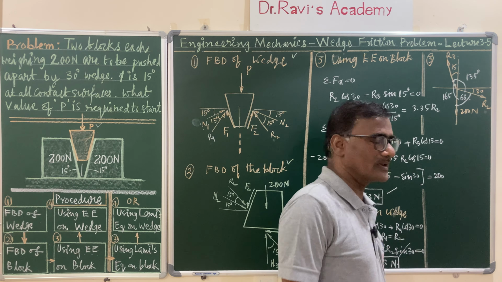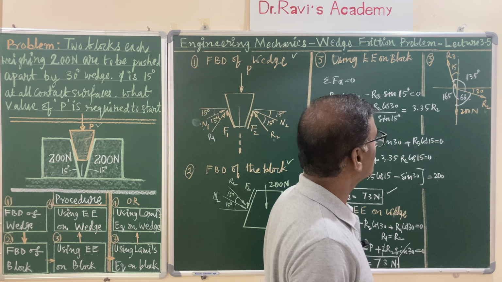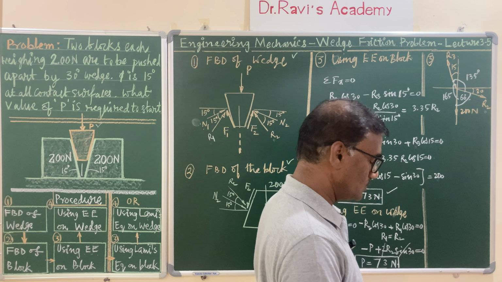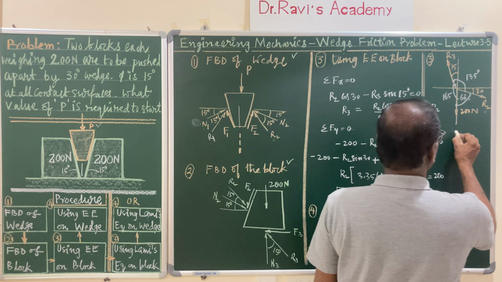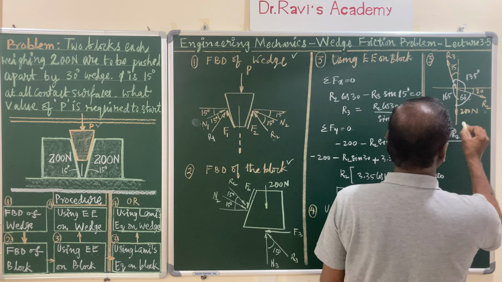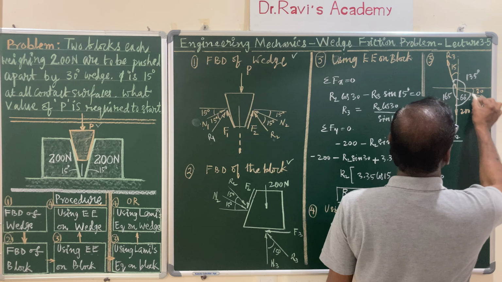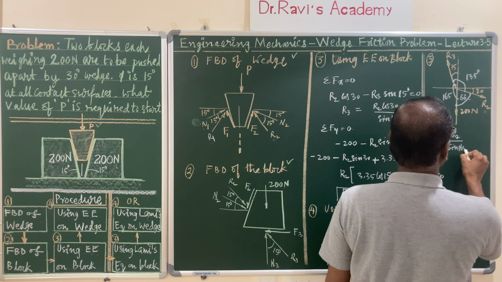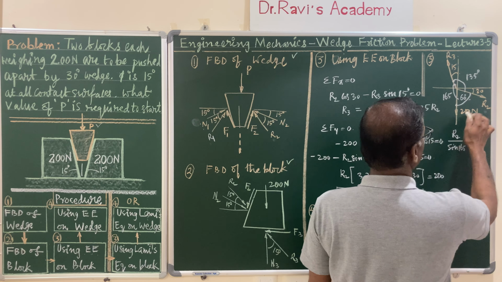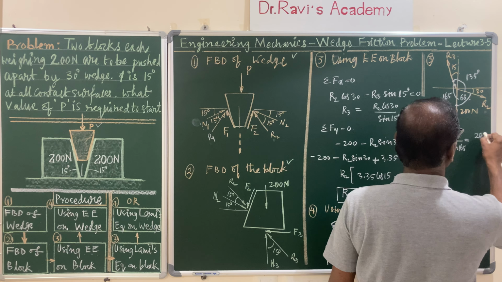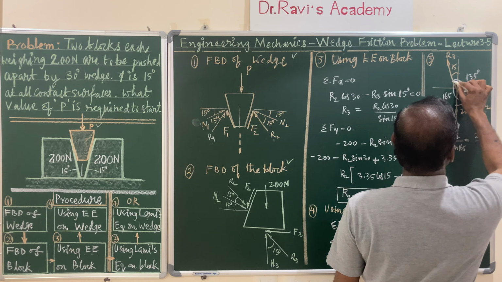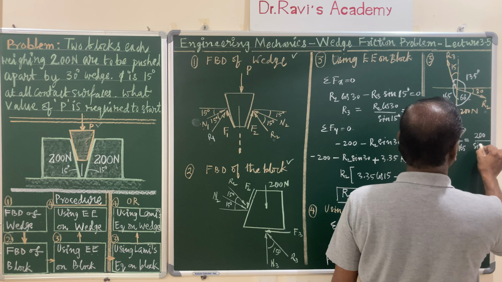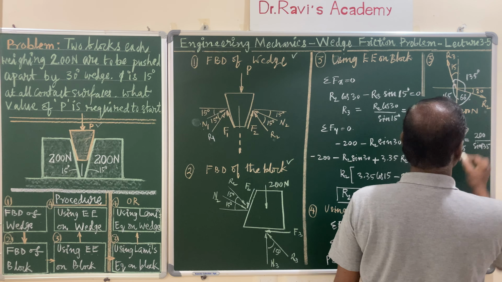Now let us apply Lami's theorem, and you are very much interested in the R2 value. Let us write down R2 divided by sine of the angle between the other two forces, sine 165 degrees, is equal to the known force, that is 200, divided by the angle between the other two forces, sine of 135 degrees.